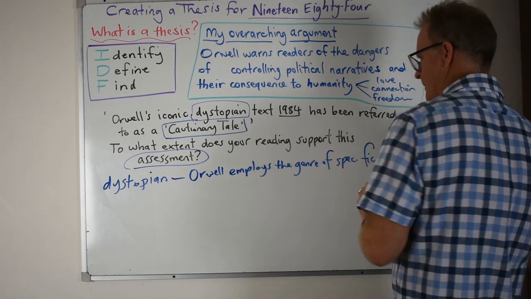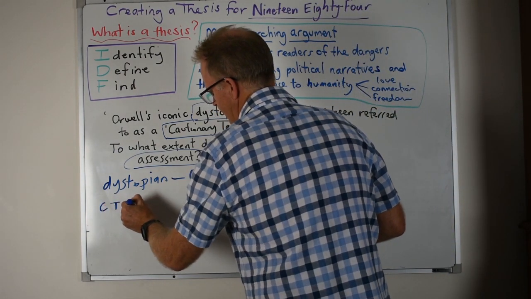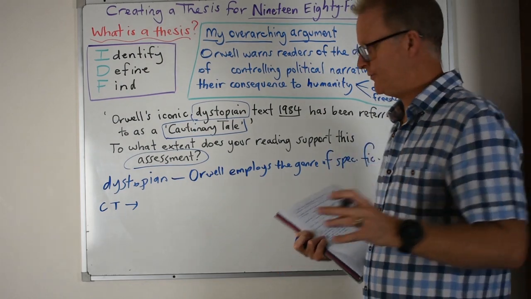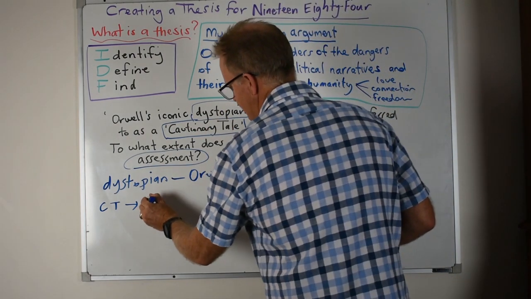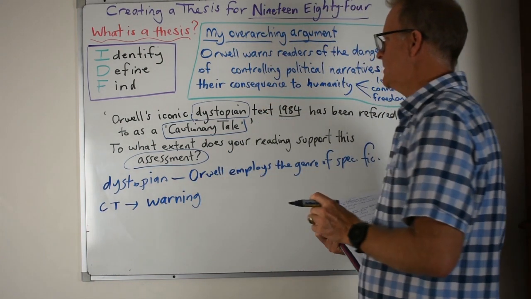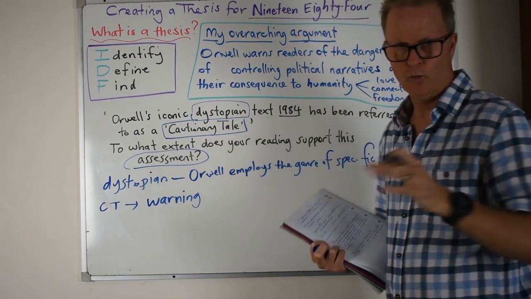I'll just write it like that. Okay. More importantly, we've got the cautionary tale. And certainly the way I'm going to define that is that the novel is a warning. That's really what it's saying. So the dystopian story is a warning to readers.